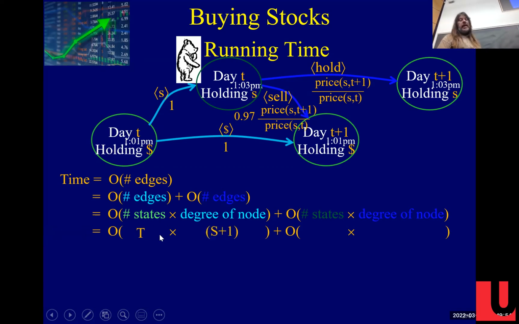She can give me S plus 1 answers. And over here, there's a T and an S naming the state, because at a given time I have a number of stocks. So that's TS. But then the number of answers is 2, because she's just saying, hold it or sell it. And so the total number of edges is order ST, which is better. Everybody buy that?